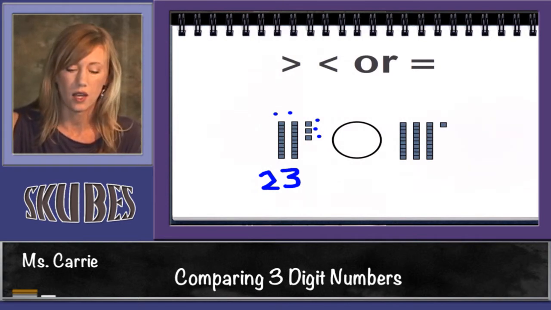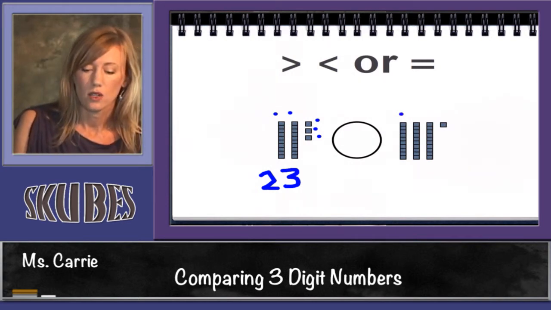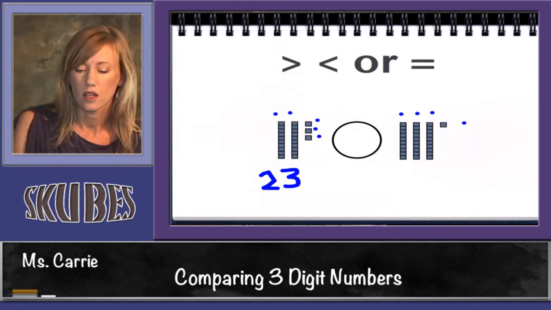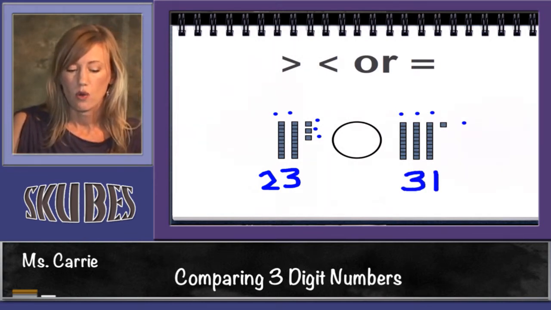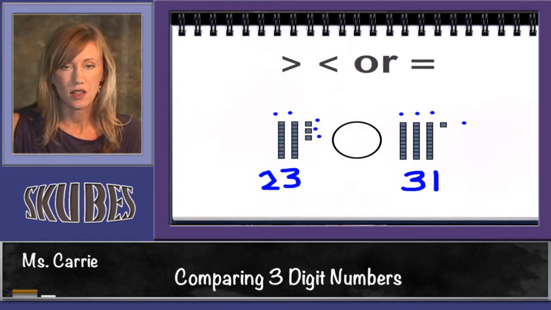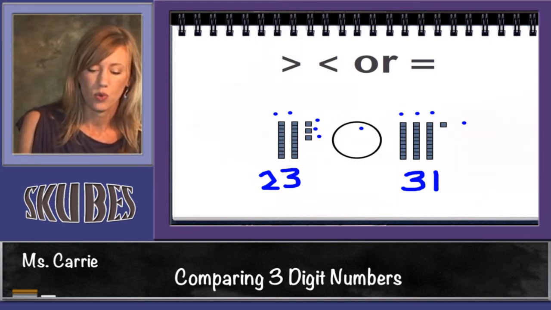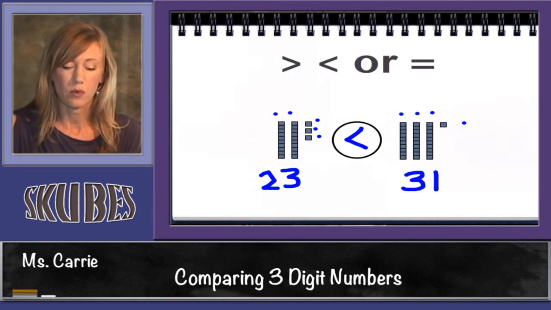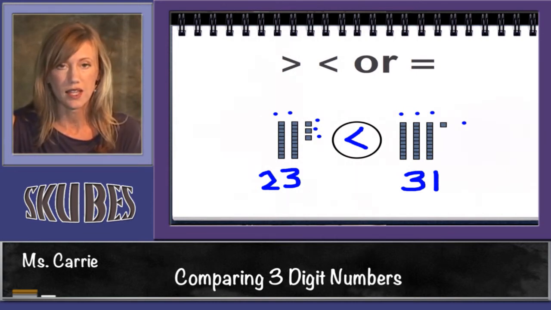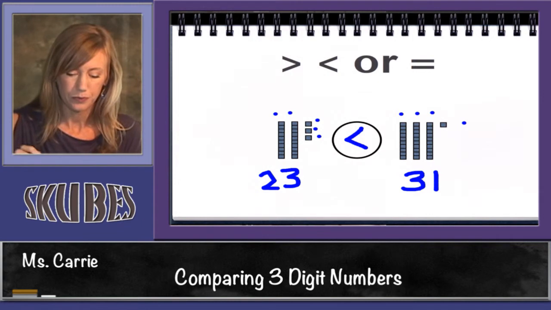Let's go to the other side. We have 10, 20, 30, 31. Write our number here. Well, we know that 23 is less than 31, so the point points to the smaller number and the open part points to the bigger number.